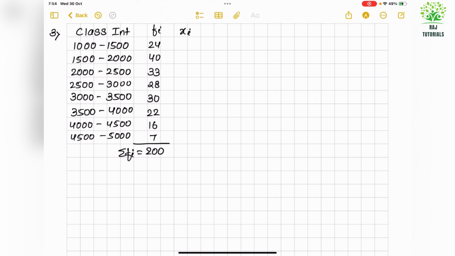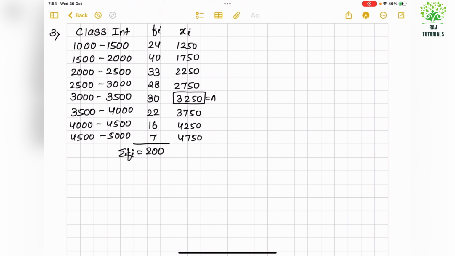Now writing it in the tabular form and then finding xi. So xi will be 1250, 1750, 2250, 2750, 3250, 3750, 4250, and 4750. Now let us first find the mean.